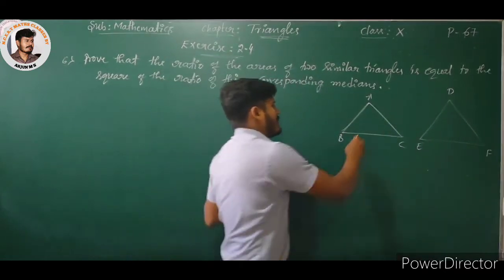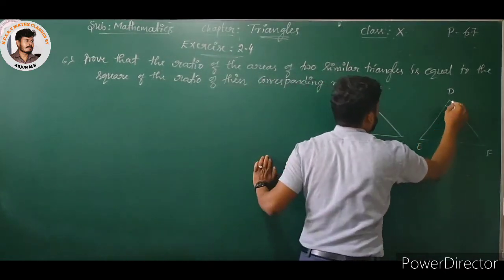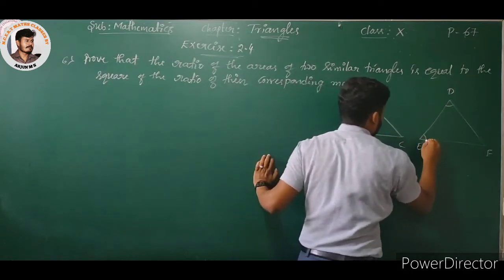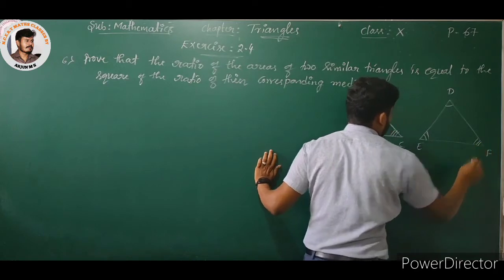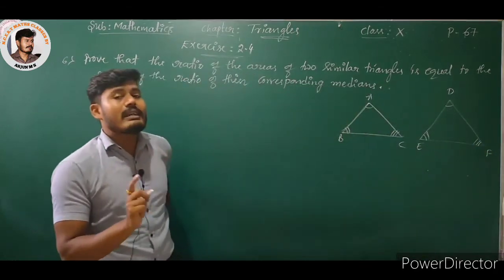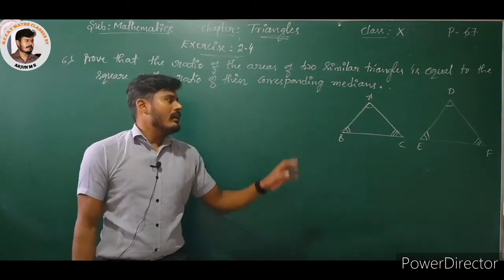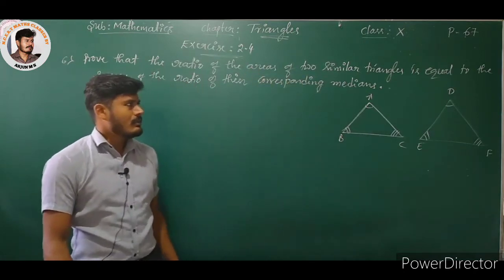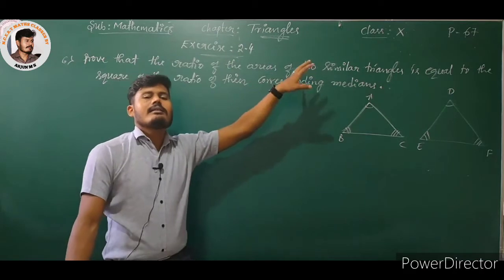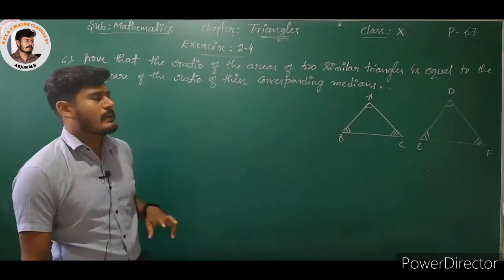In these two triangles, angle A is equal to angle D, angle B is equal to angle E, and angle C is equal to angle F, because these two are similar triangles. That's why I marked the corresponding angles as equal.